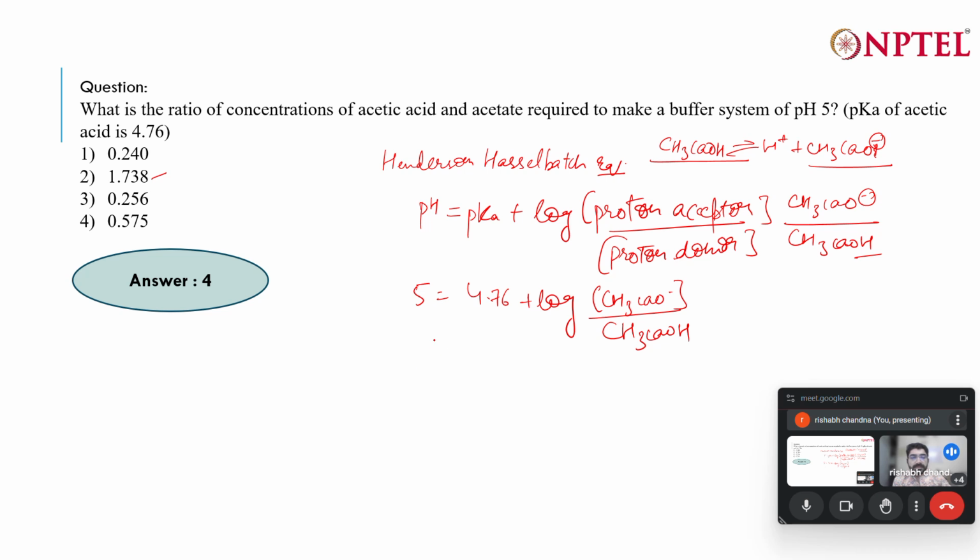Now if we subtract this 4.76 from 5, then it would yield 0.24. Now if we have to remove the log, then it will be 10 to the power 0.24.